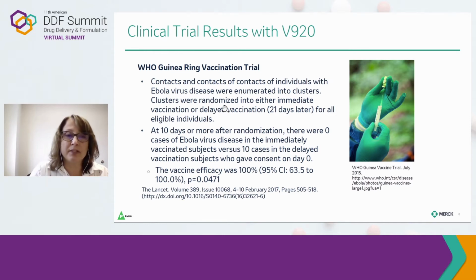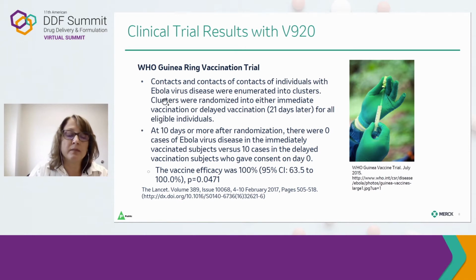What I think we will find interesting is that for the clinical trial, one of the main things we had was a ring vaccination trial. This goes back to what I mentioned about contact and the way that transmission occurs. We were able to focus on contacts of infected individuals and contacts of contacts, and then evaluate these in clusters.